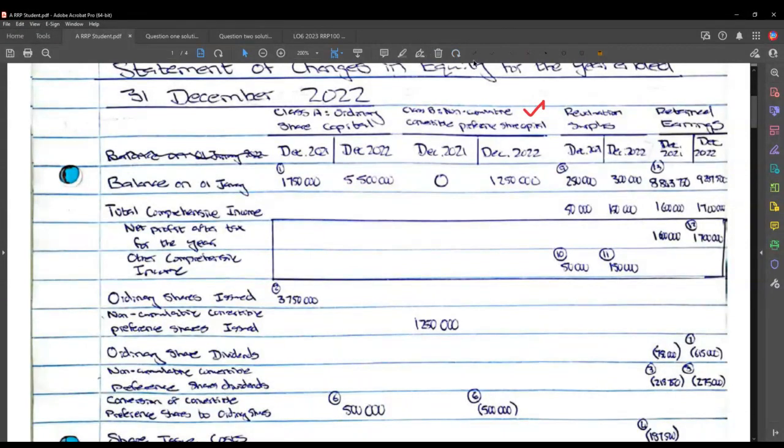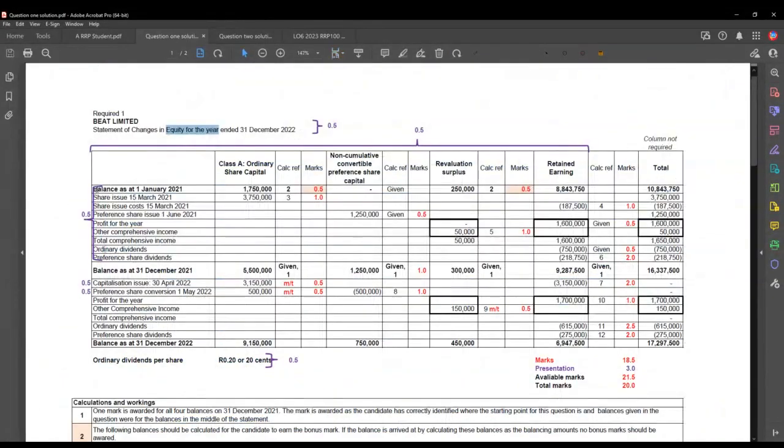The other thing that I wanted to talk to you about is the amounts here, or how do we get these marks here? In terms of getting the presentation marks for labeling the different line items, you'll get a half mark for all that you've written that relates to 2021.